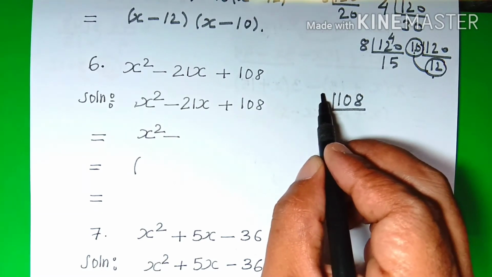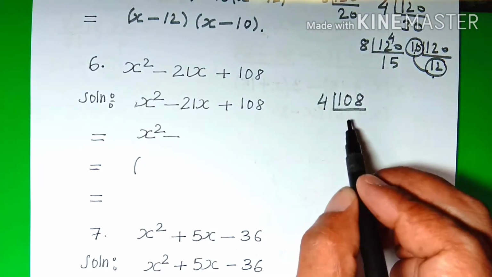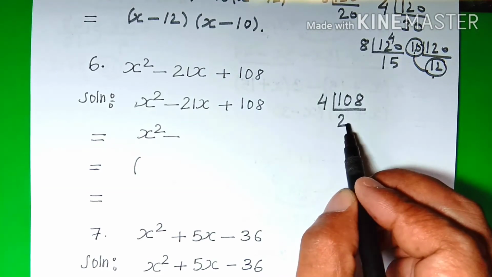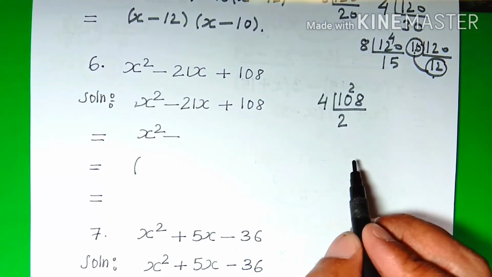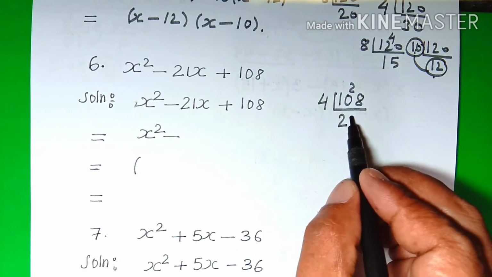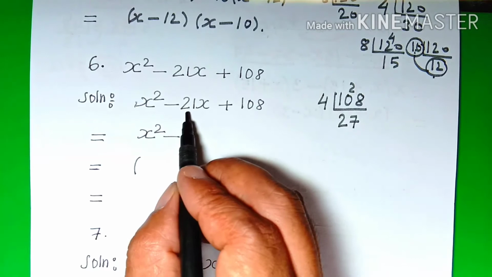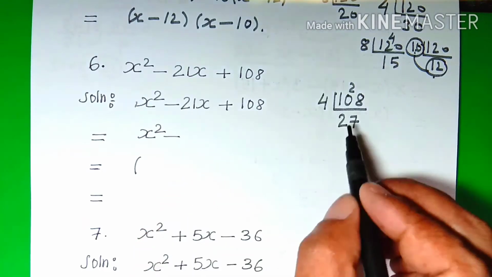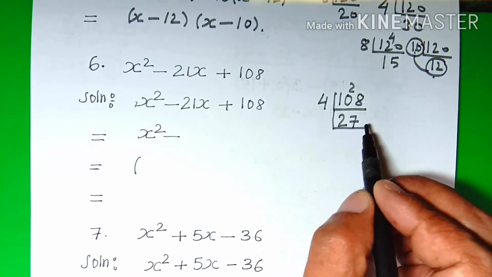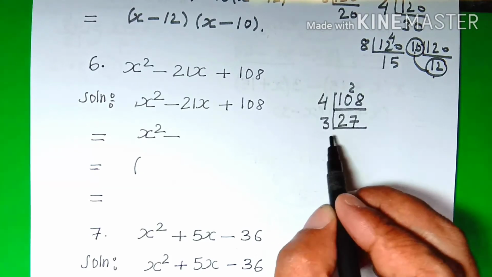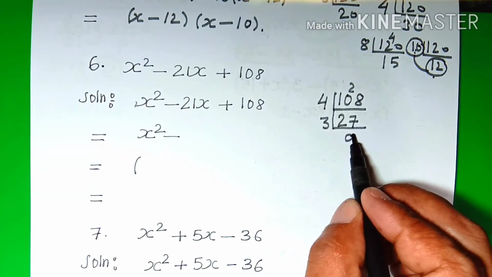So if I go with the 4 table, 4 into how many times? 4 2s are 8, so 2 in hand, 4 7s are 28, 27 plus 4 is not equal to 21. Then shall I increase again to the 3 table? 3 into how many times? 9 times.